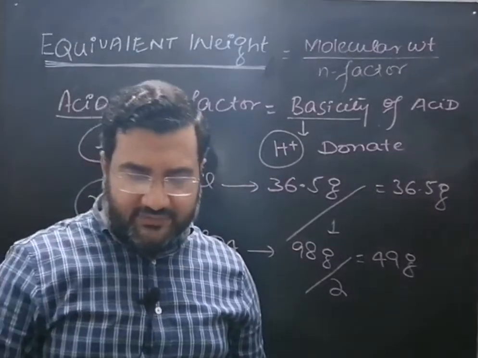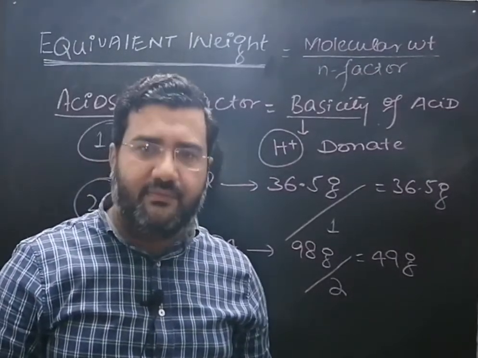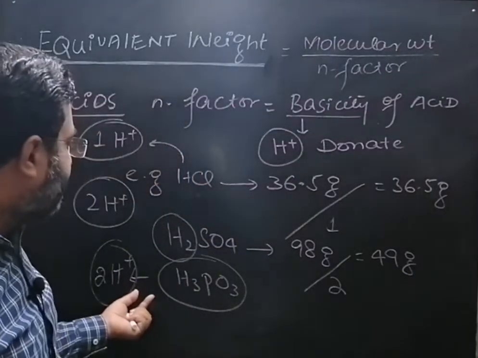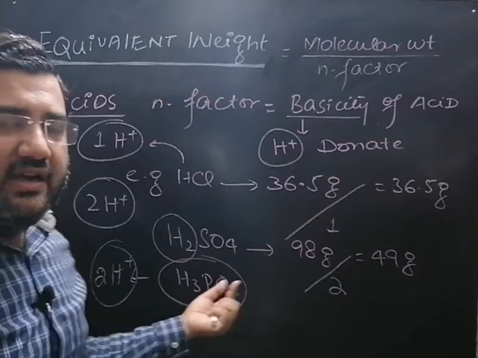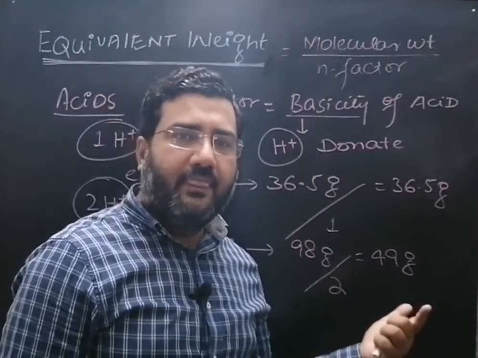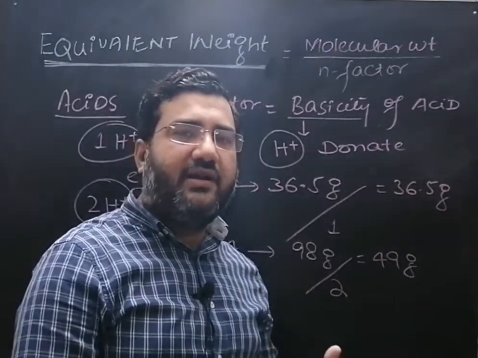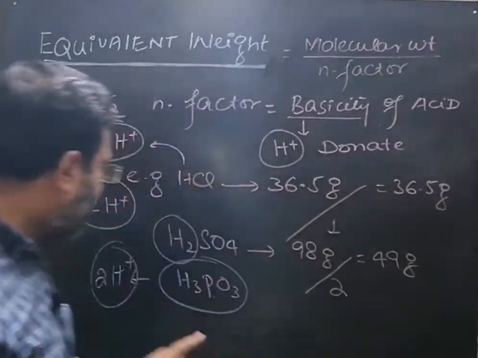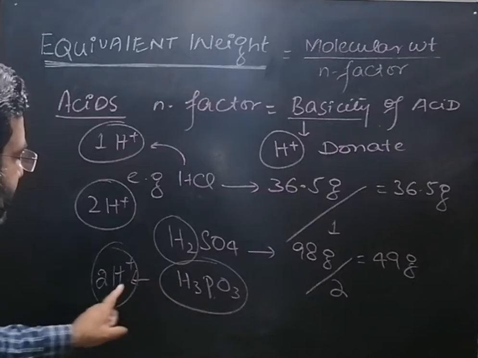That is because of the structure of H3PO3. If you look at the structure, the third hydrogen is directly attached to the phosphorus, not to an oxygen atom. So that hydrogen is not donatable, and its basicity will not be 3, rather it will be 2.